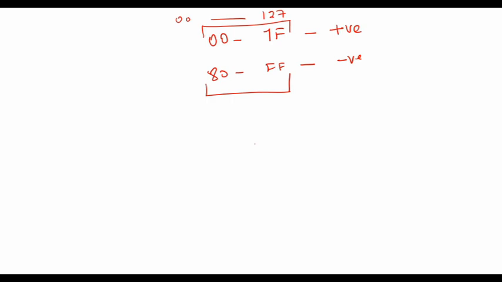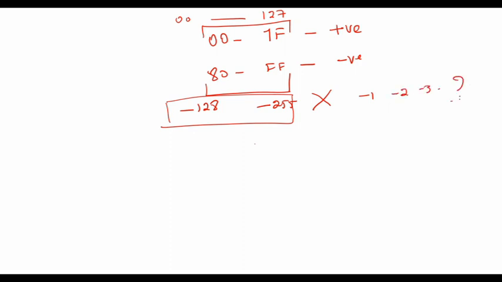Then it is going to be wrong, because then how do I represent the numbers minus 1, minus 2, minus 3? It's not possible. So I'm missing a certain range.